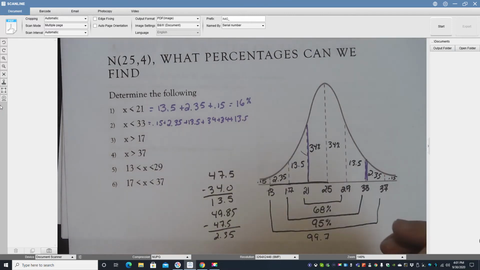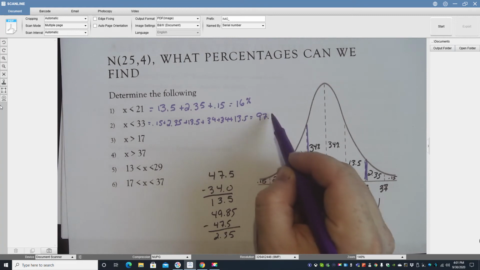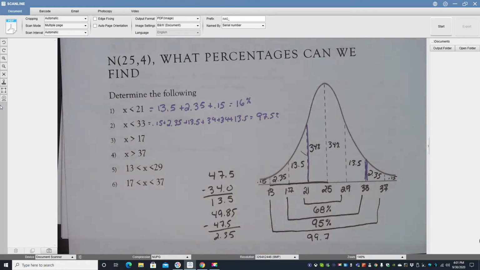So if I add all those up, I get 97.5%. So 97.5% is less than 33.